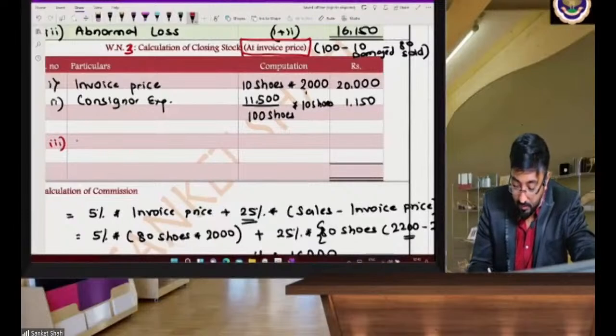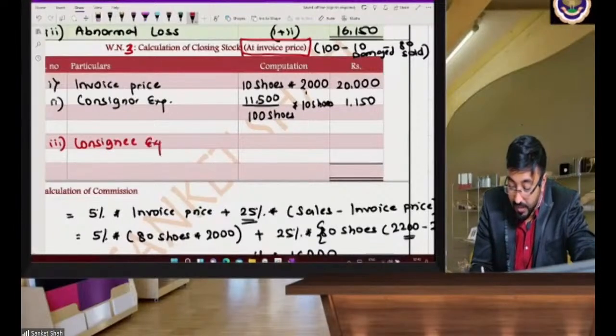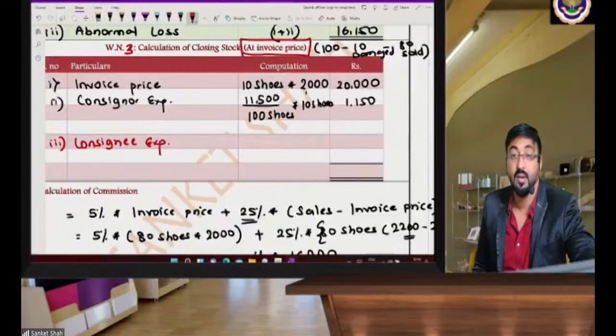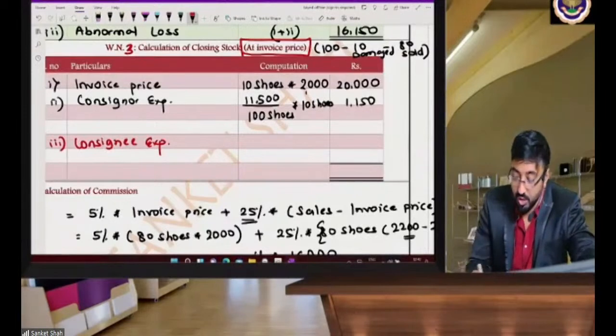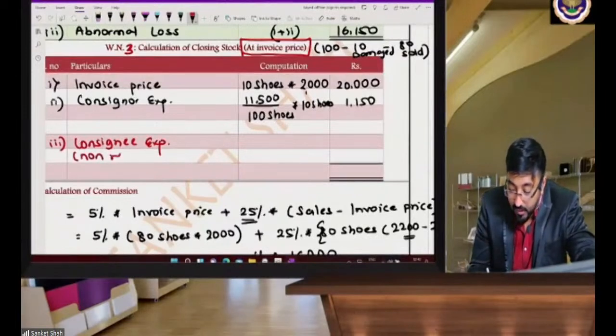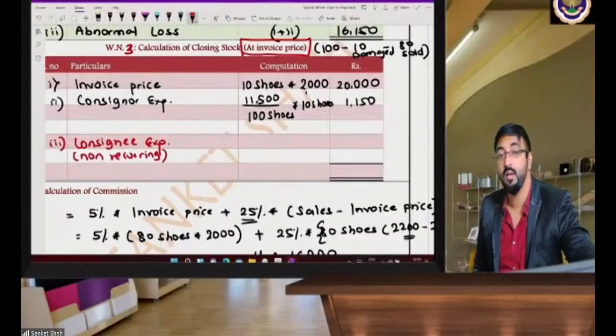Roman 3, consignee expenses. Which one? Non-recurring.